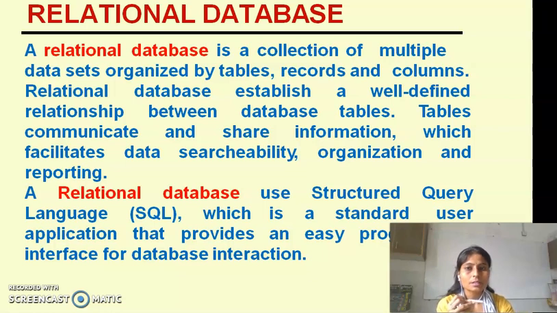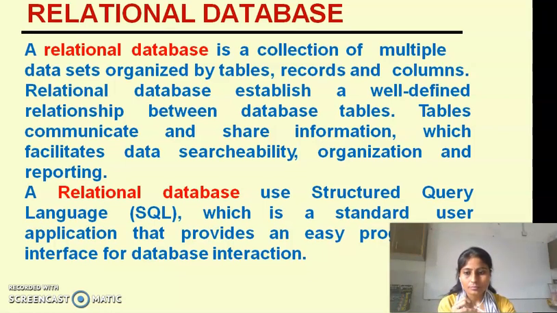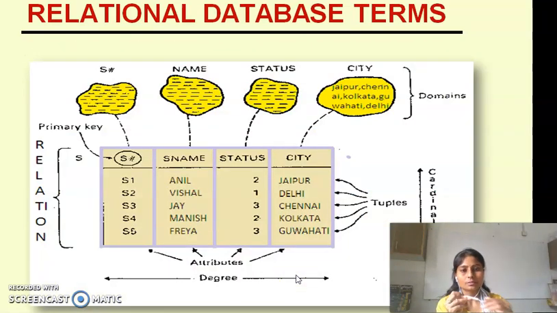So students, continue with the different database terms. Here in this table there are multiple arrows drawn that will explain the relational database in detail. Just like we can see here, 4 columns are present: serial number, S name, status, city.